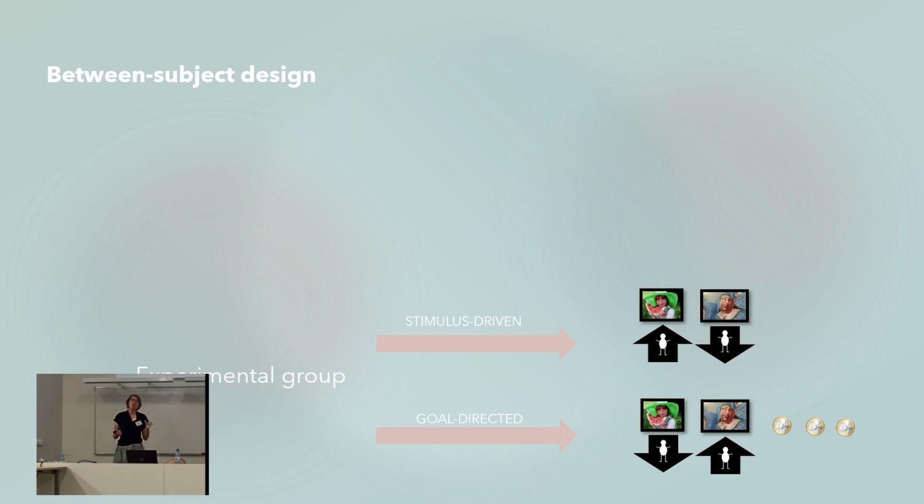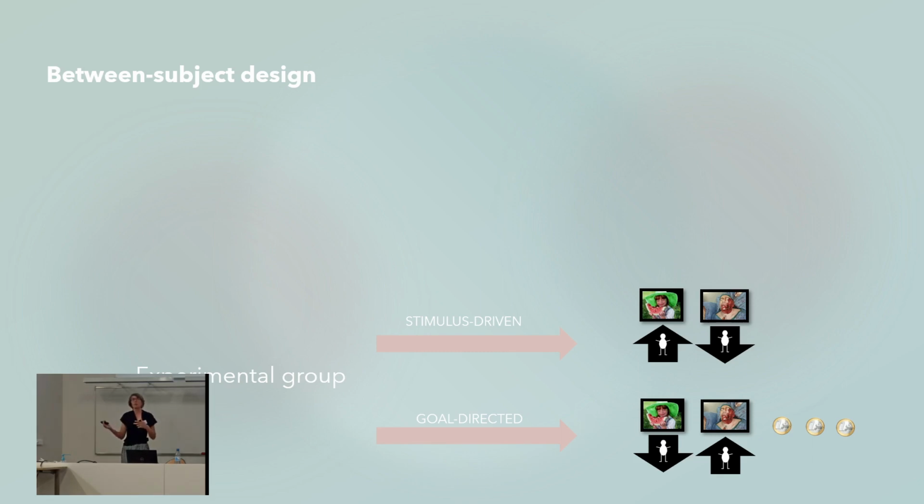But we also installed a goal-directed process in the opposite direction. So we gave them a monetary reward for avoiding positive stimuli and approaching negative stimuli. So this was a goal-directed process, in the opposite direction of the stimulus-driven process. And if the alternative model is correct, we expected that this goal-directed process would be stronger than the stimulus-driven process, and that we would find with TMS the goal-directed action tendencies and not the stimulus-driven action tendencies.